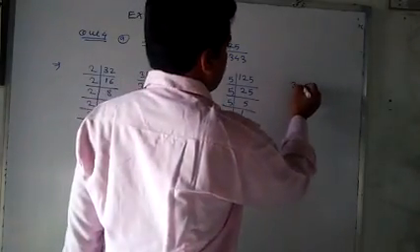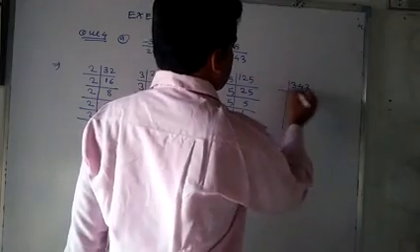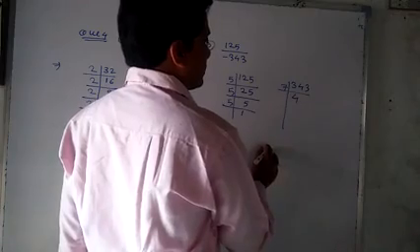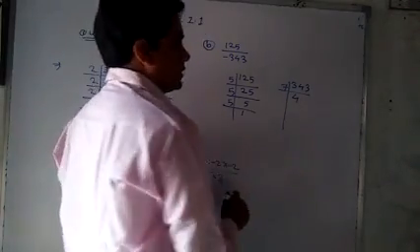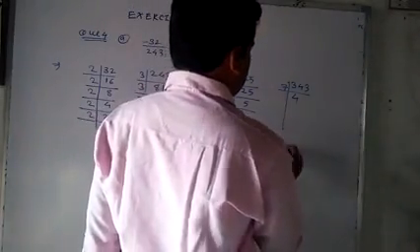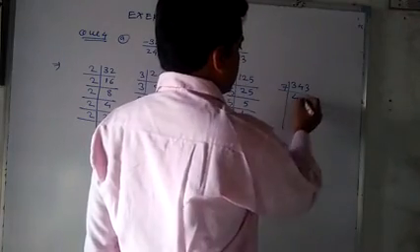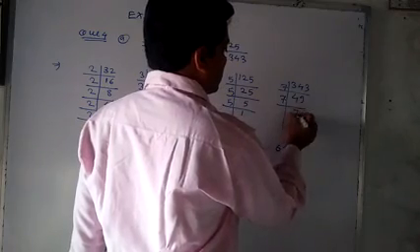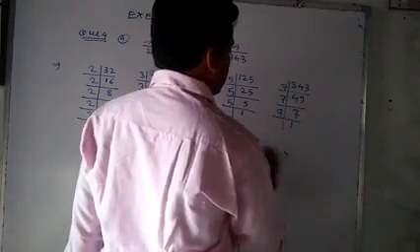Now 343: 7 4s are 28, 7 9s are 63, 7 7s are 49 and 7 1s are 7.